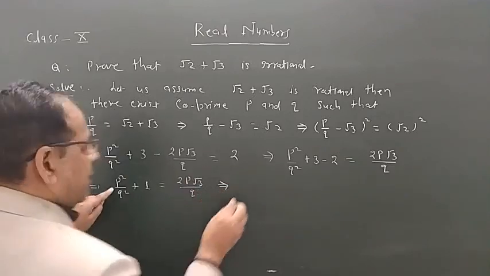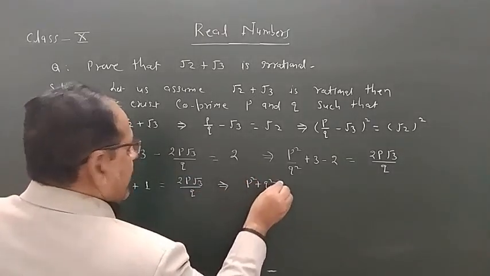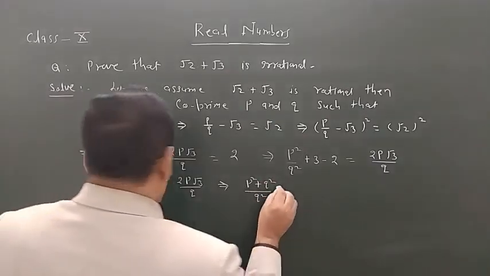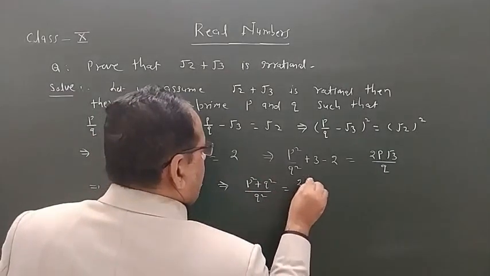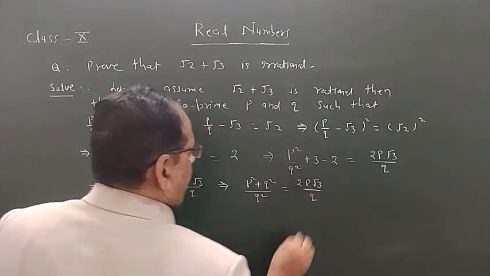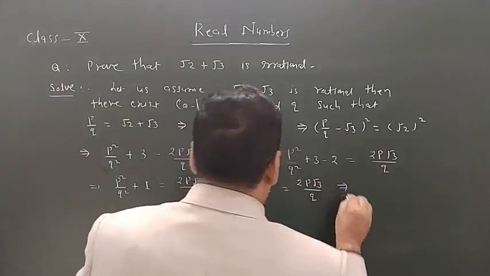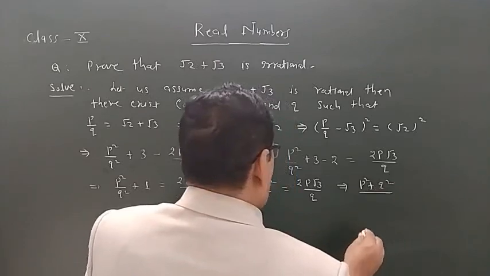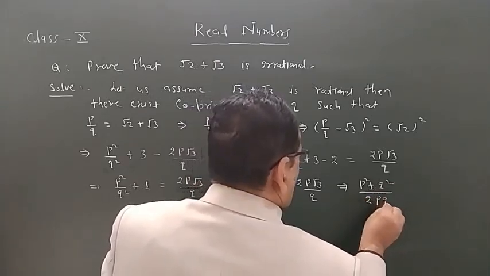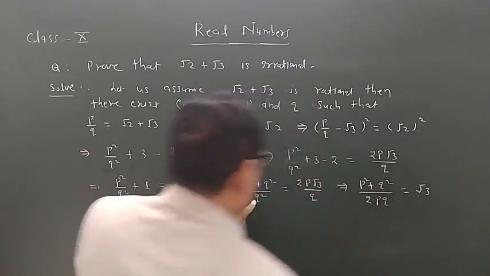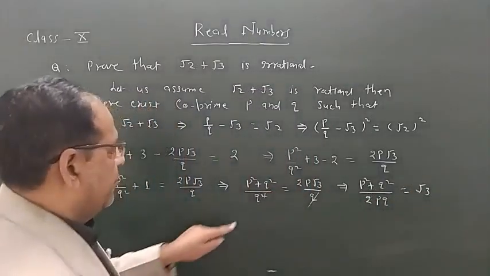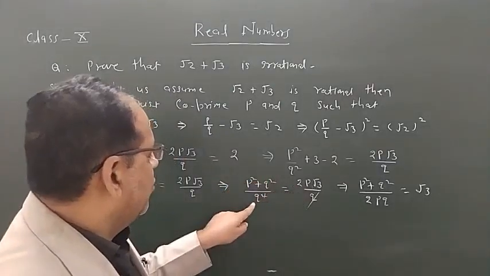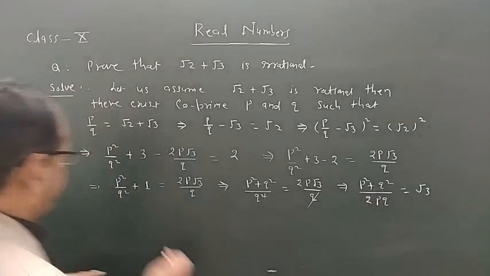This implies that p square plus q square upon q square equals 2p under root 3 upon q. This implies that p square plus q square upon 2pq equals under root 3. One q is cancelled out by q. So now we have p square plus q square upon 2pq equal to root 3.